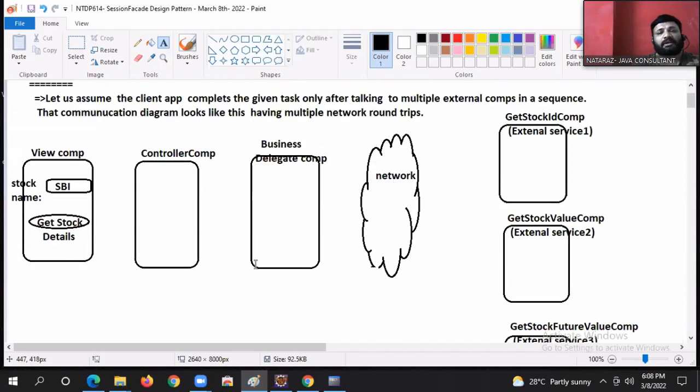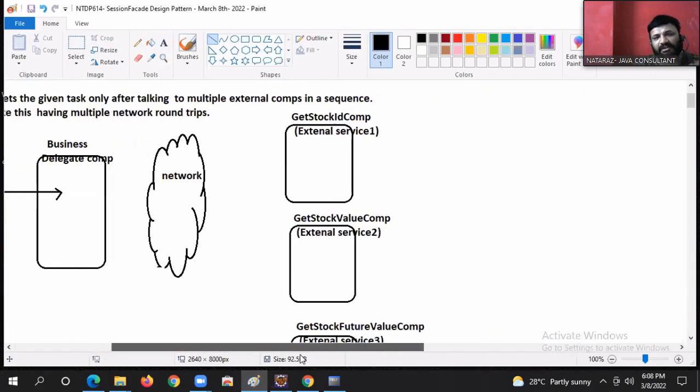Listen, guys. The stock value goes to controller component. This controller component forwards to business delegate component. Now listen.